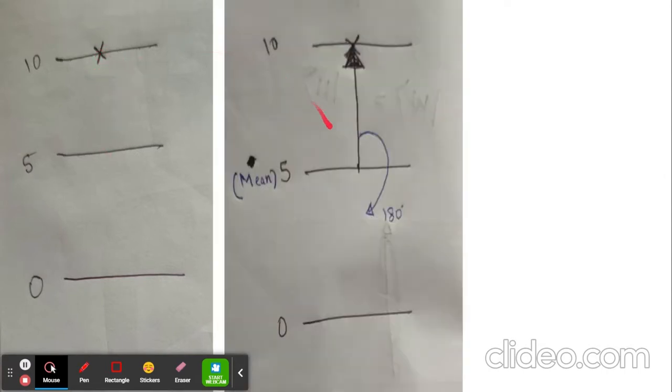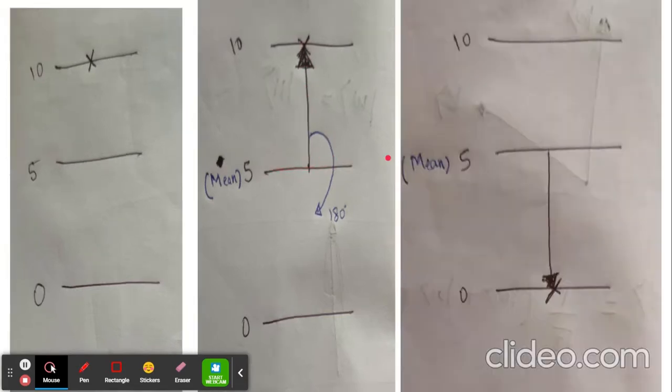What do I mean by that? Let's take x1, x2, and x4. You have 10, and it is 5 units from the average, which is 5. 10 minus 5 is 5. We flip this arrow about the average, and when we do that, we get 0. So 10, when you invert about mean, by applying an operator called inversion about mean, becomes 0.